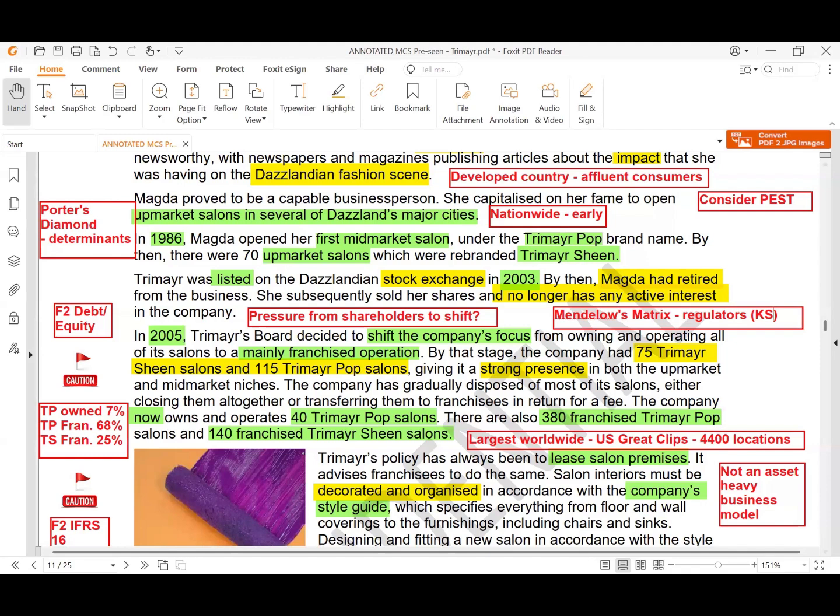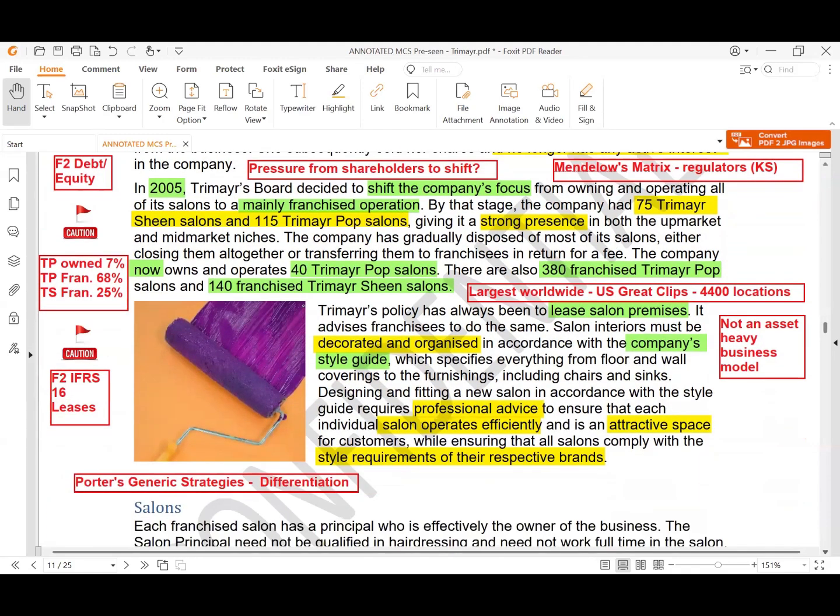Next paragraph here, red flag on the left-hand side, as you see. This business is not in the main asset heavy. What do I mean by that? In other words, there isn't a massive requirement to own assets in order to be successful, in order to make money. So there's a preference for leasing, indeed, on the behalf of Trymar, but also they push franchisees to lease. We know F2 leases.